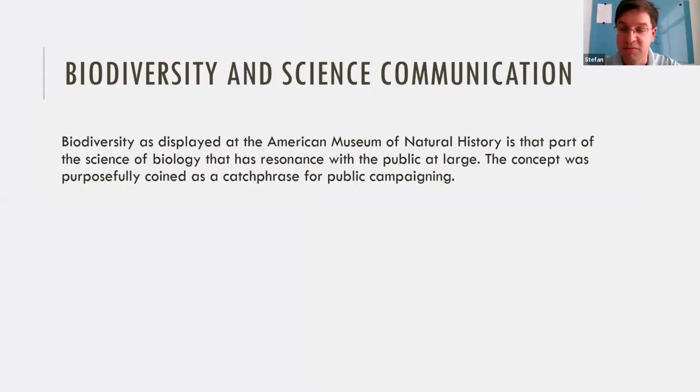And the argument I want to make by making this connection between the old cabinets of curiosities and the Hall of Biodiversity is that biodiversity is not first and foremost a scientific concept guiding scientific research, but it's mostly a tool for science communication. It is that part of the science of biology that has a resonance with the public at large, and that scientists can use as a catchphrase in public campaigning.